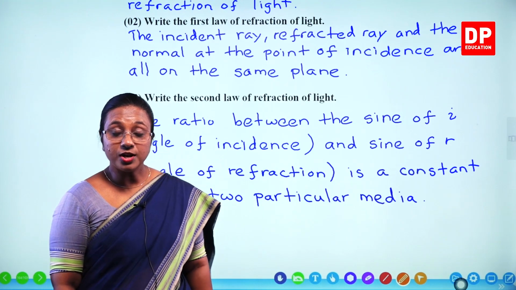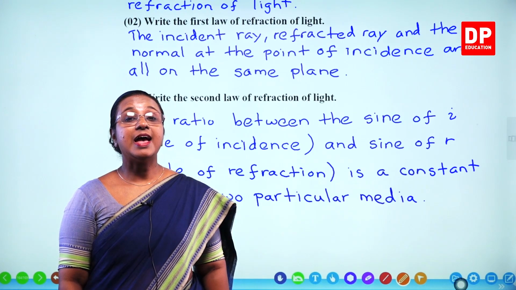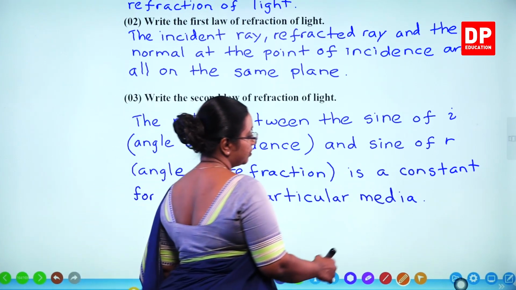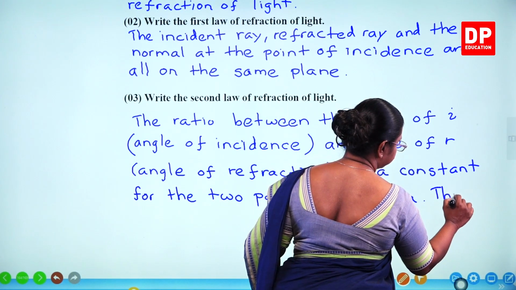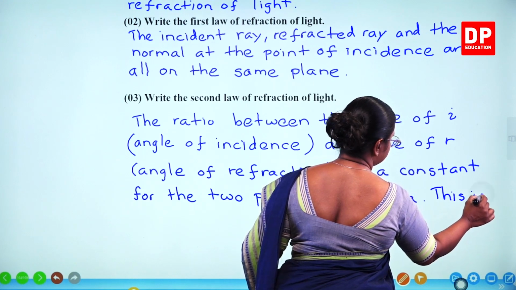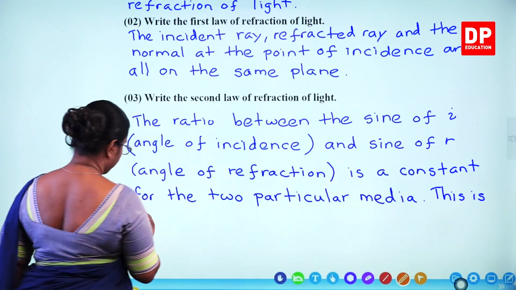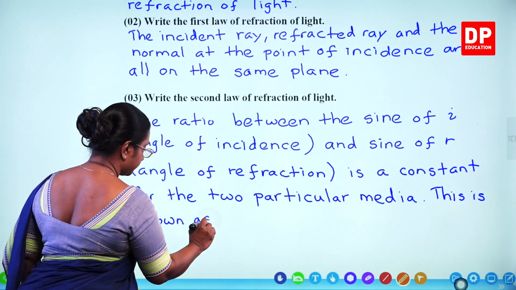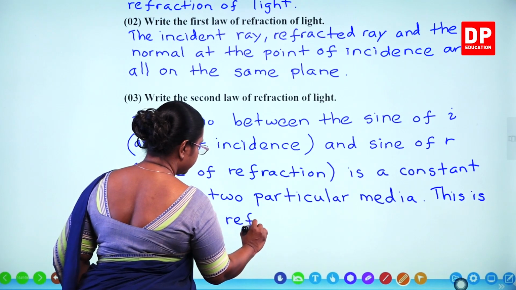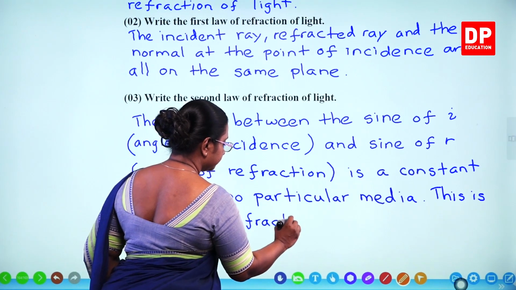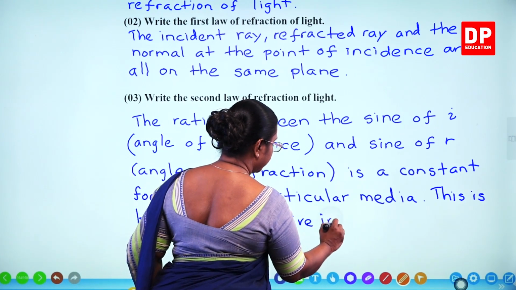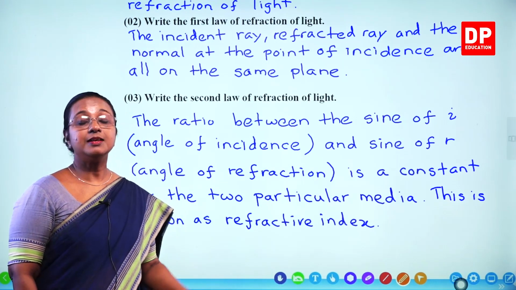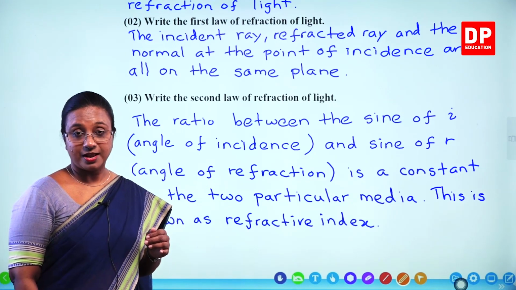And what do we call that constant? As the refractive index. And this is known as refractive index. So that is the second law of refraction.